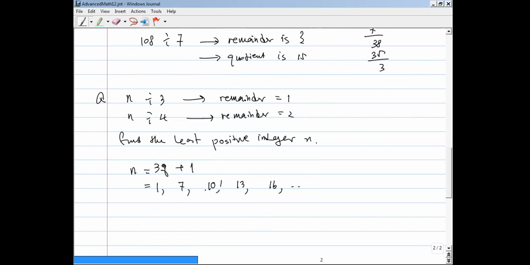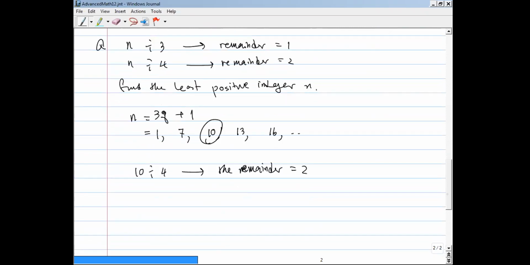I think this will be the answer, because 10 divided by 4 gives you remainder 2, because it's 8 plus 2. Okay, so that is easy to do.